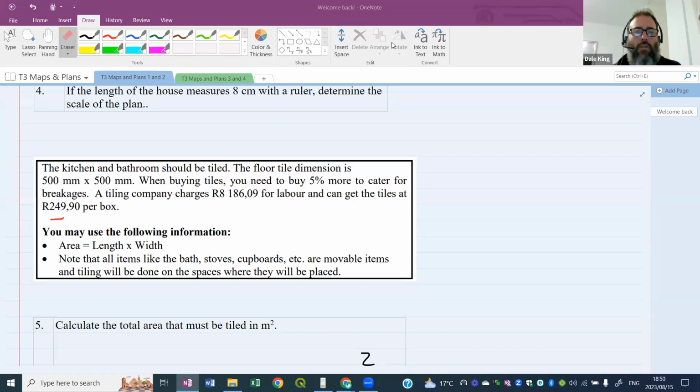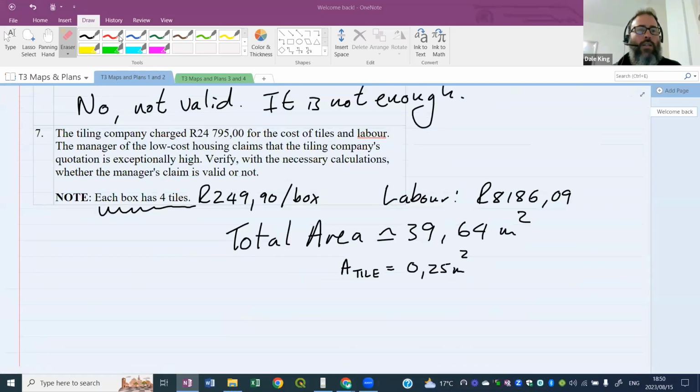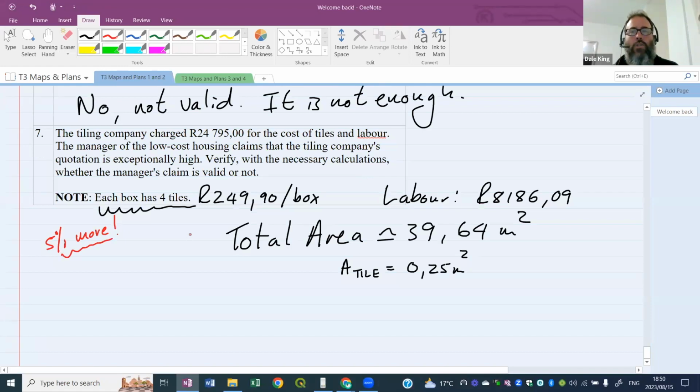Takalo, did you also account for the 5% more? You need to buy about 5% more than what you calculate. Don't forget that. I'll write it here as a little warning. You need 5% more than what you work out. You've got to include that as well. Another little piece for the puzzle.